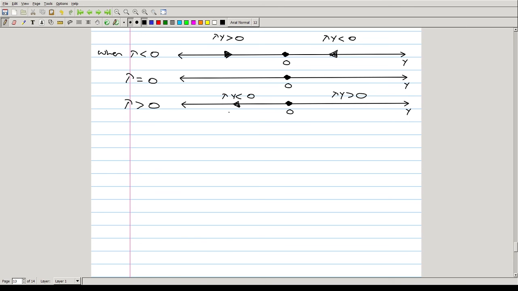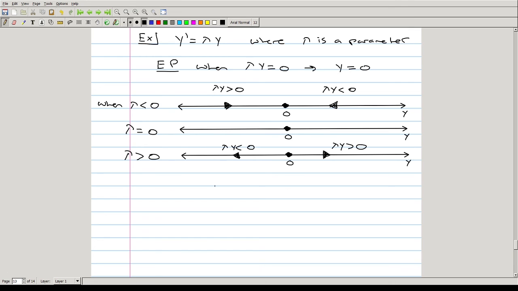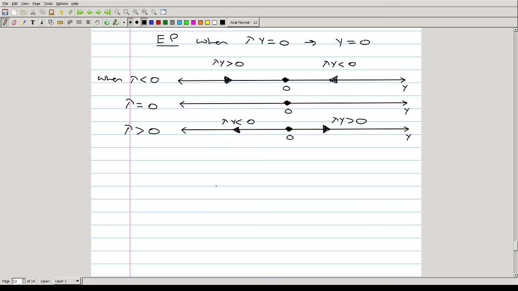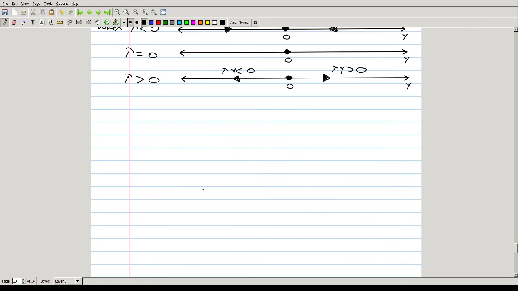So any solution with initial condition on this interval right here from negative infinity to 0 is going to go to negative infinity. And any solution with a positive initial condition is going to go to positive infinity. So we see that at 0 we have a switching of this equilibrium point from being an asymptotically stable equilibrium point to an unstable equilibrium point.